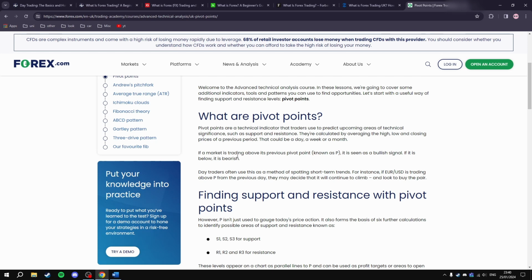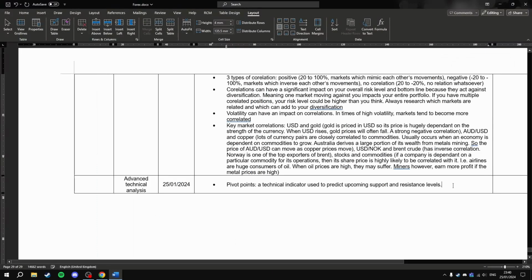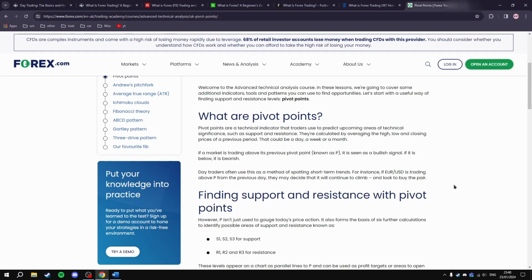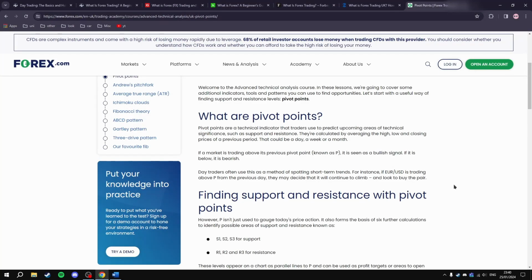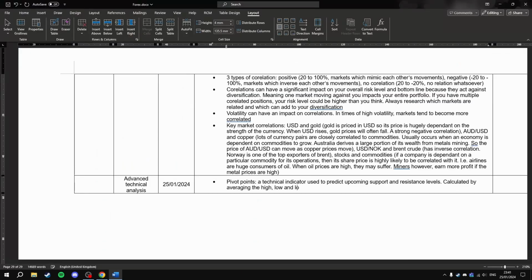They are calculated by averaging the high, low and closing prices of a previous period.